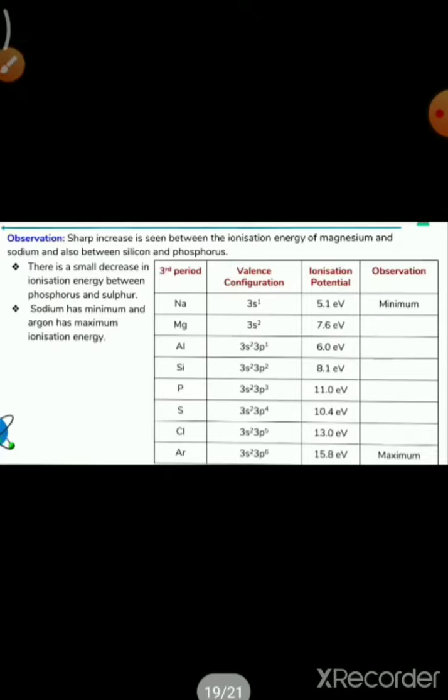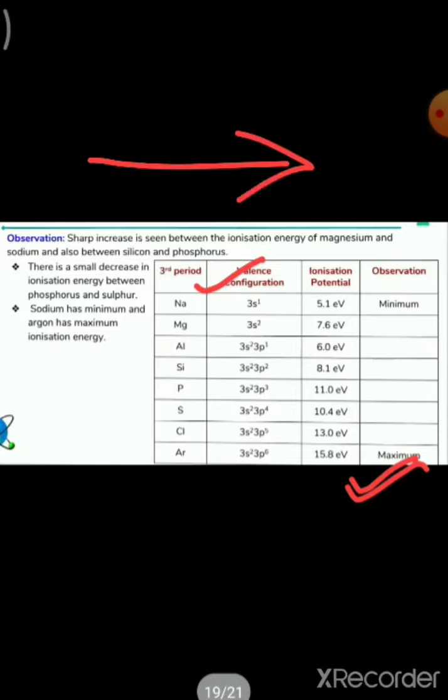Then we will see in case of sodium and magnesium. Sodium has minimum and argon has maximum ionization energy. So we remember that the first element across a period has the lowest ionization potential value, that is the minimum, whereas for argon the ionization potential value is maximum across a period.